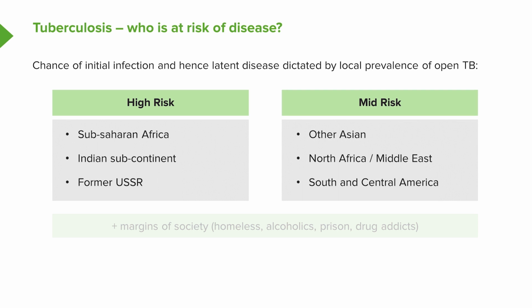The mid-risk countries are other Asian countries, the north parts of Africa, the Middle East, South and Central America. In addition, people who are at the margins of society are also quite likely to get exposed to tuberculosis: the homeless, alcoholics, drug addicts, people who've been imprisoned. So this defines the patients most likely to have tuberculosis: where they were born, and if they've been born in the West, whether they are homeless or alcoholic or have a drug addiction.